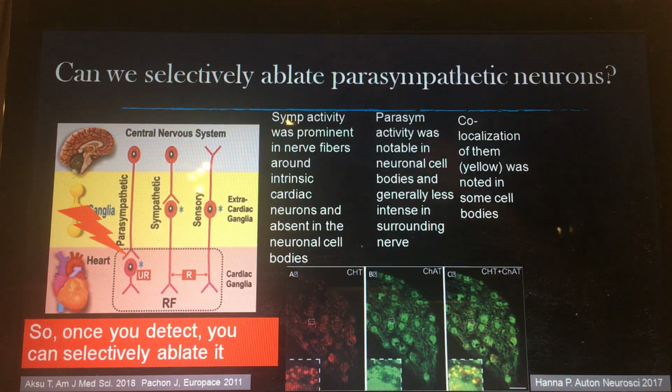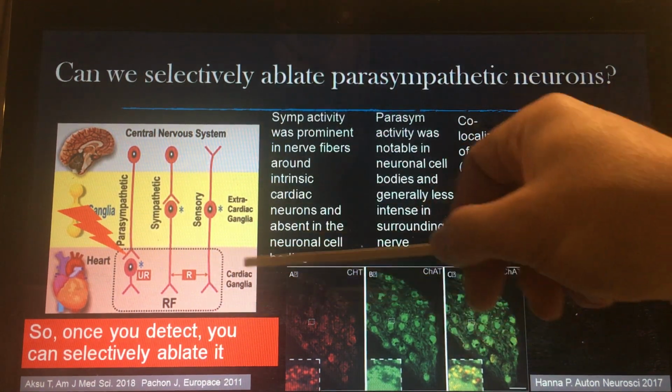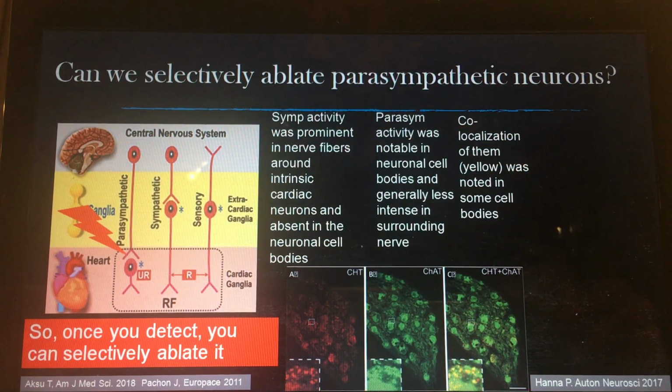So if you properly detect the localization of those GP sites, your lesion in that site will be permanent in the parasympathetic system, whereas in the other system your lesion will be transient due to the axonal regeneration process at the end of long-term follow-up.